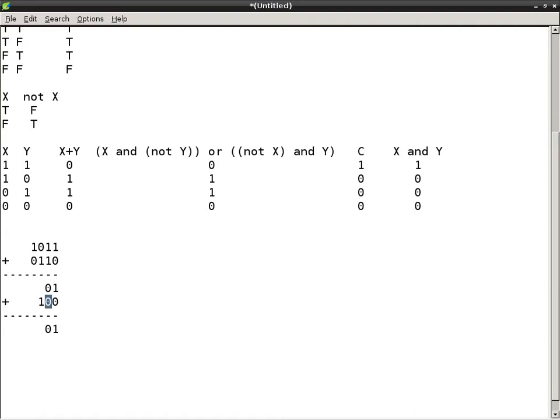This 0 and this 0, that's the second addition of the same column. And each addition can contribute to the carry of the next column. Okay? If either one is a 1, then the carry to the next digit is a 1. Are we still doing okay so far?